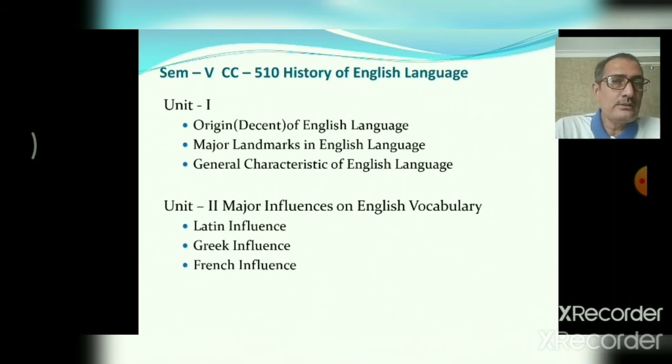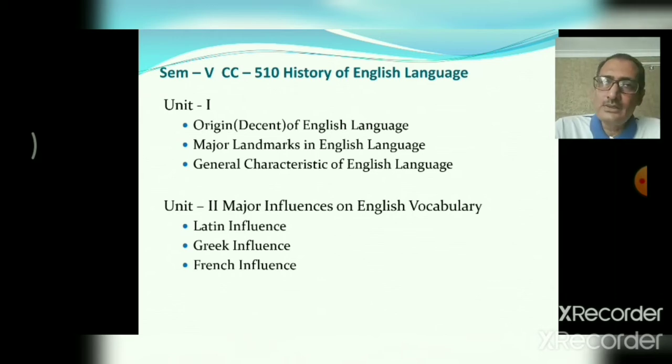So the growth of English language is divided into 3 major periods, 3 major landmarks, that is Old English period, Middle English period and Modern English period. We will discuss the characteristics of English language during Old English period, then the changes which came to English language in the Middle English period, and later on the language that we use nowadays. So we need to discuss this thing.